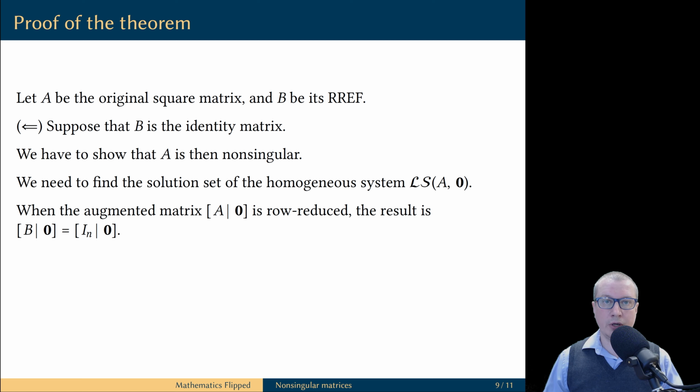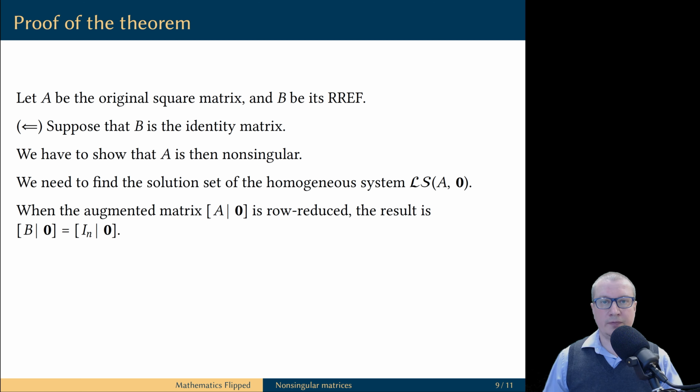But we already know that the reduced row echelon form of A is the matrix B. Therefore, the reduced row echelon form of this augmented matrix is the matrix which consists of the matrix B with the zero vector added as an extra column. Also, our assumption was that B is the identity matrix.